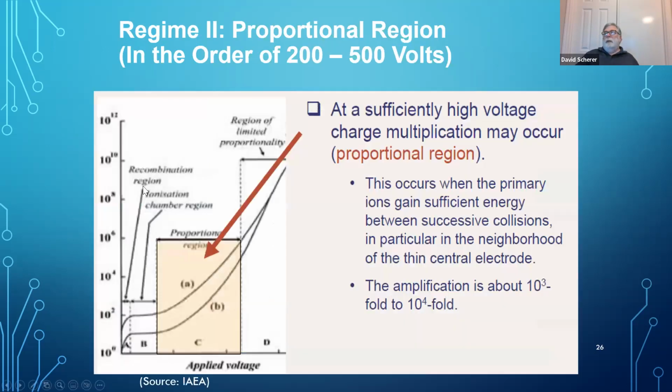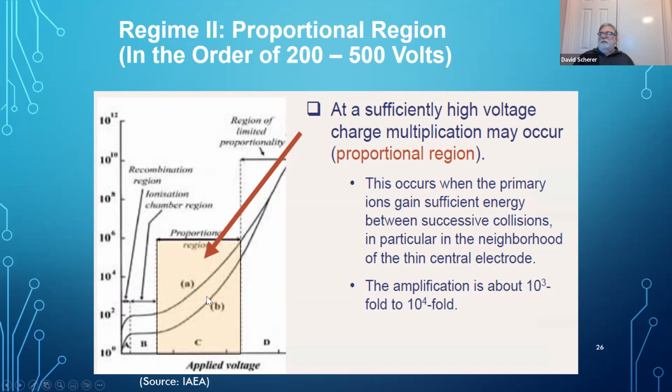Okay. In the proportional region, then, gas flow detectors can be used for measuring radiation, and they're sensitive to the energy that's deposited per event, as well as the count rate.